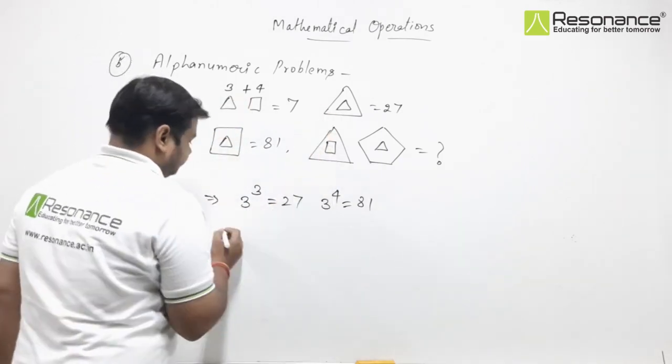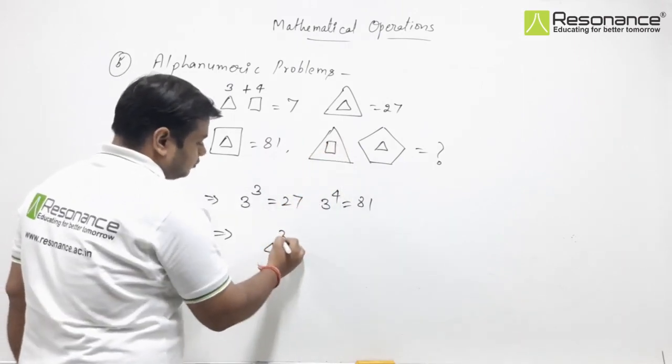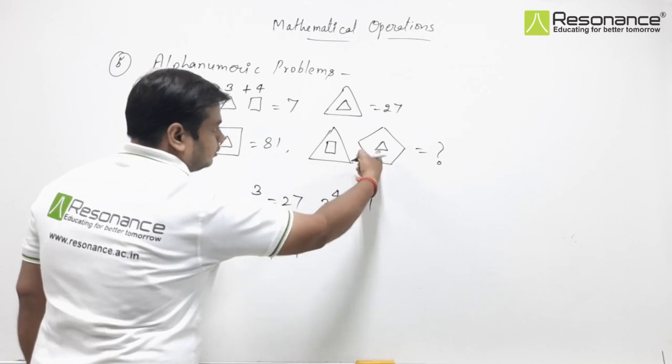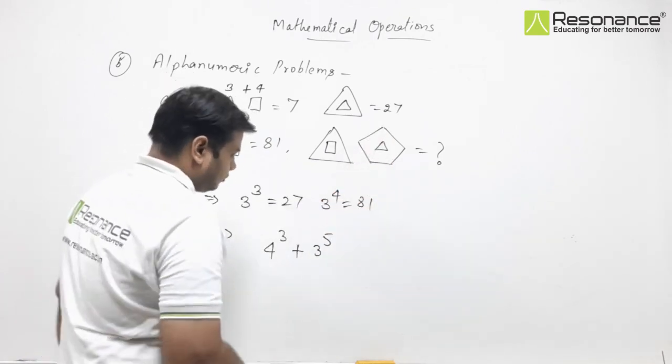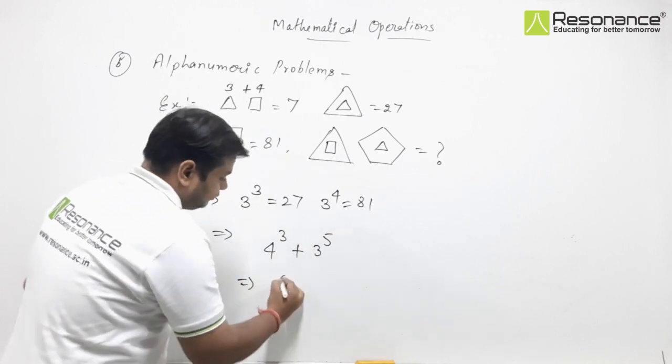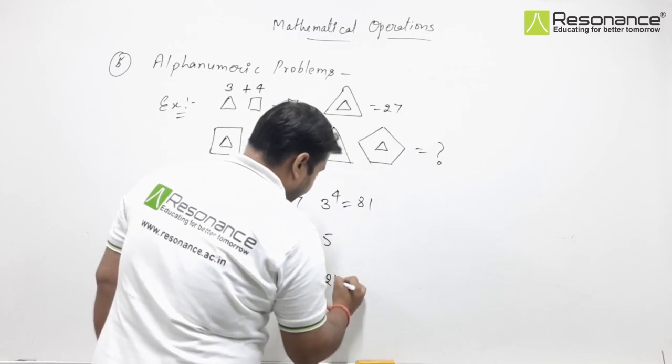So square over triangle over square means 4 power 3, plus pentagon over triangle means 3 power 5. So it will give us 64 plus 3 power 5, which is 243.